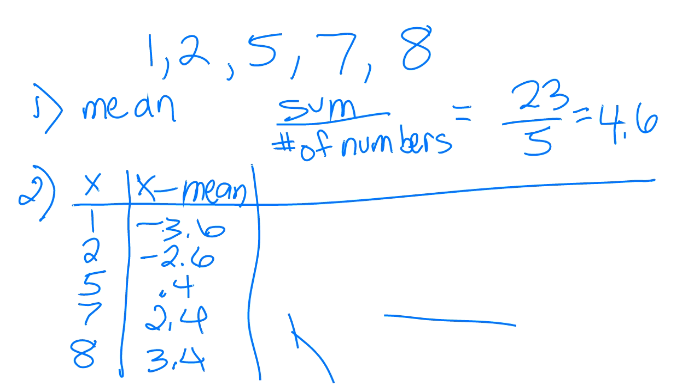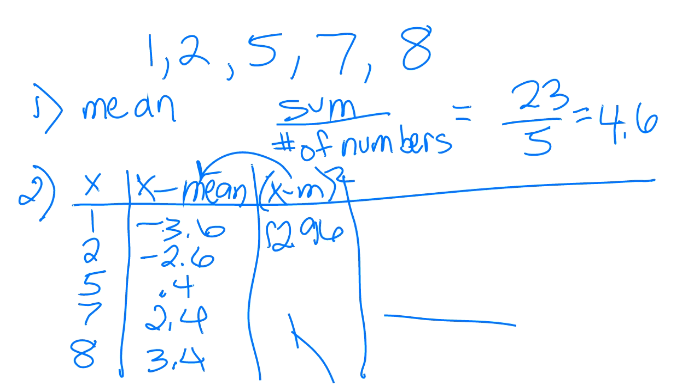So then the next column would be x minus the mean, squared. So you would just square this column. So negative 3.6 squared is 12.96. 2.6, sorry, this is so sloppy, but I can't write on this. 6.76. Hi, if you just joined, we're doing standard deviation.